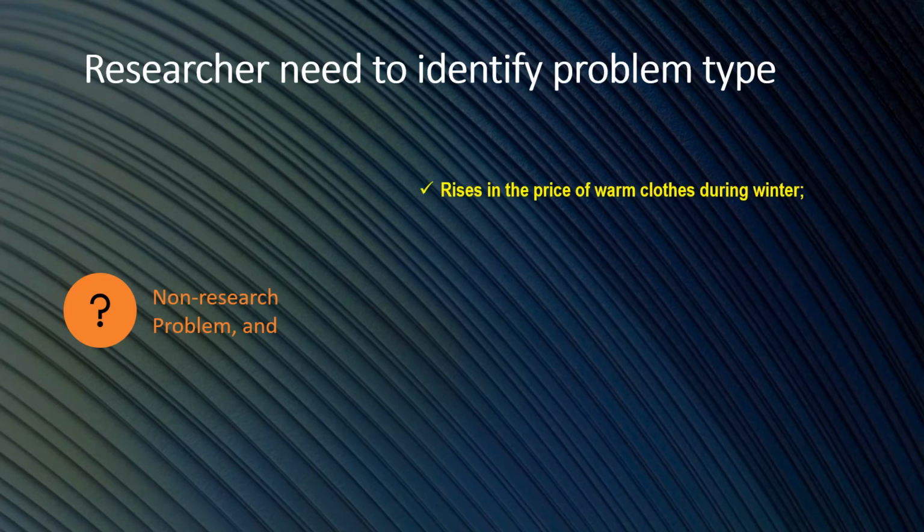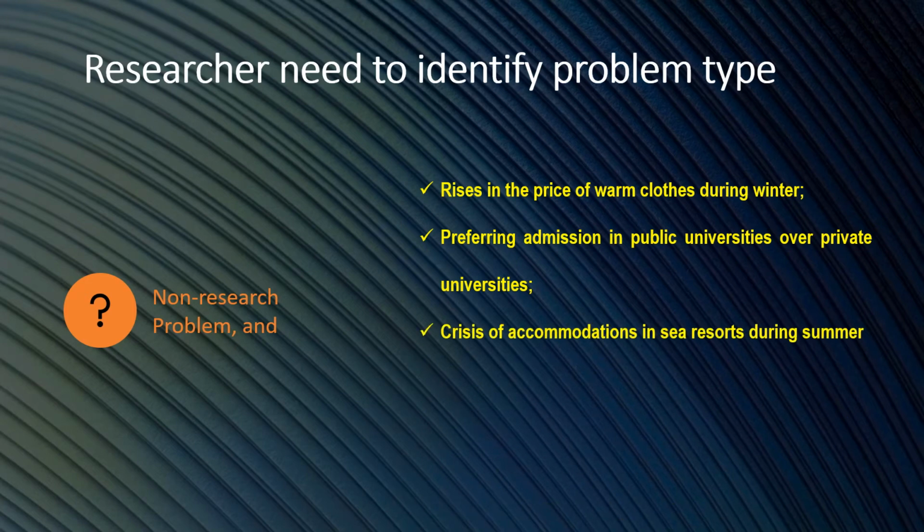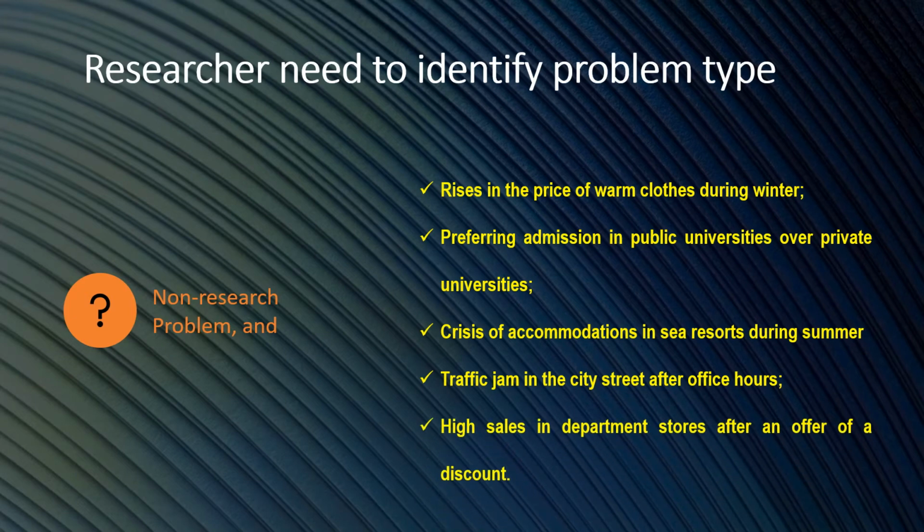Here are some factors that help you in identifying a non-research problem, like rises in the price of warm clothes during winter, preferring admission in public universities over private universities, crisis of accommodation in sea resorts during summer, traffic jams in the city streets after office hours, high sales in department stores after an offer of a discount.